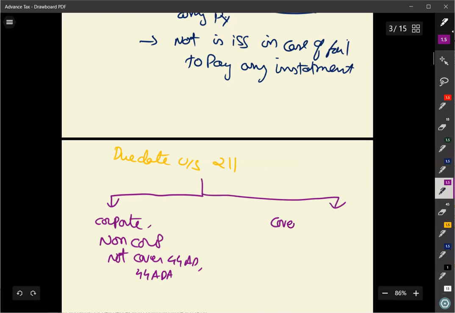If you are covered under section 44AD or 44ADA, the due dates for you are going to be different.